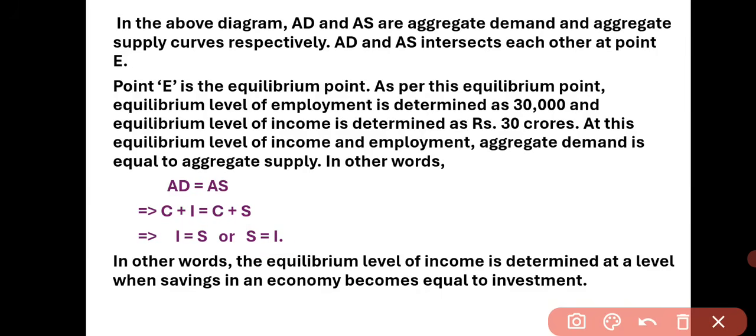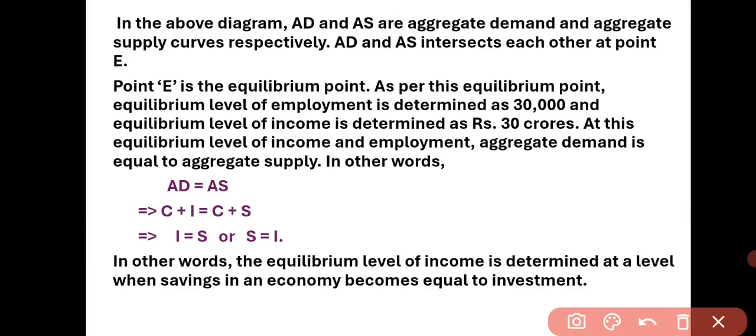And we understood the whole thing. If there is very limited time in your exam and you have to write the answer, then please write the introduction concept that in an economy the equilibrium level of income and employment can be determined with aggregate demand and aggregate supply, and the equilibrium level of income and output can be attained at that point where AD becomes equal to AS.